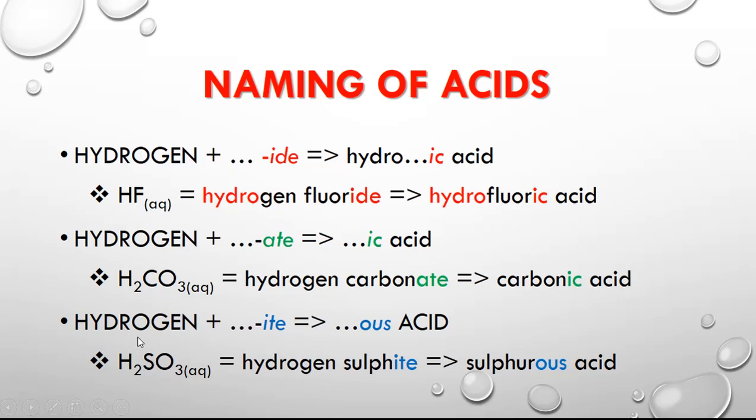The third one is hydrogen plus a second name ending in ITE. Again, there's no more hydrogen, and instead of ITE, we change it to OUS, then acid. An example would be H2SO3, the chemical formula, which we would call hydrogen sulfite. Instead, we call it sulfurous acid.